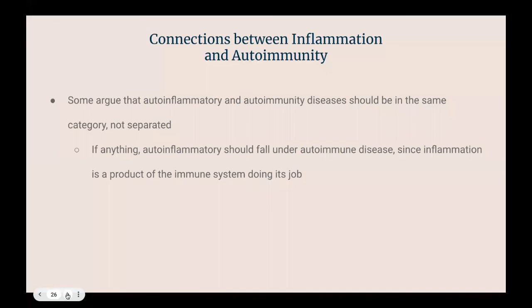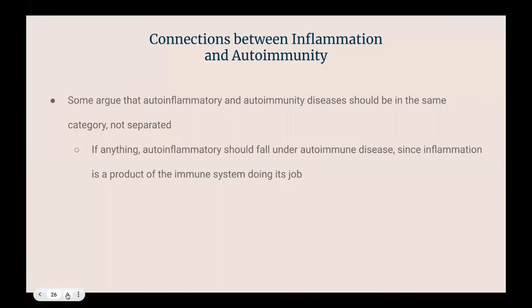So the connections between inflammation and autoimmunity are that both work to attack the healthy body instead of doing their normal function and getting rid of things that are not healthy in the body, such as those pathogens or injuries and things like that.